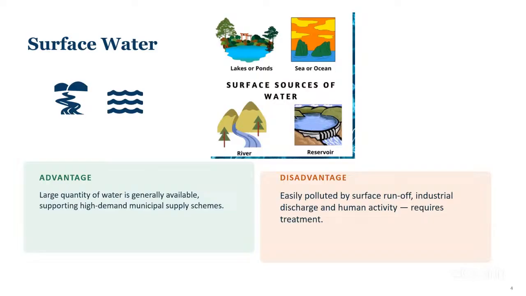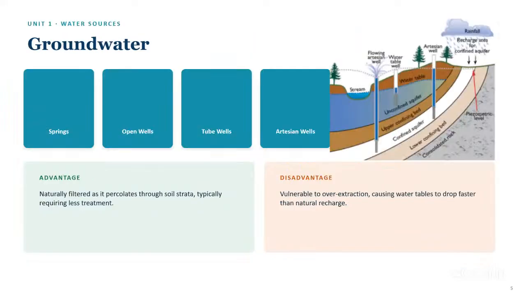Some minerals are naturally present in the surface water, some pollutants come from the atmosphere, and some from rocks. So while purification, we lose some natural minerals. And the disadvantage is that it is dirty after heavy rains and needs proper treatment.